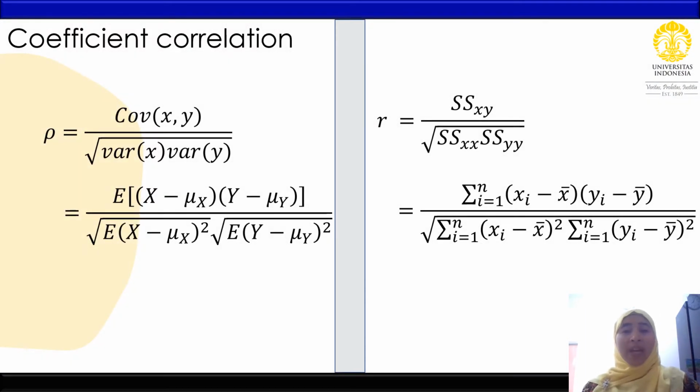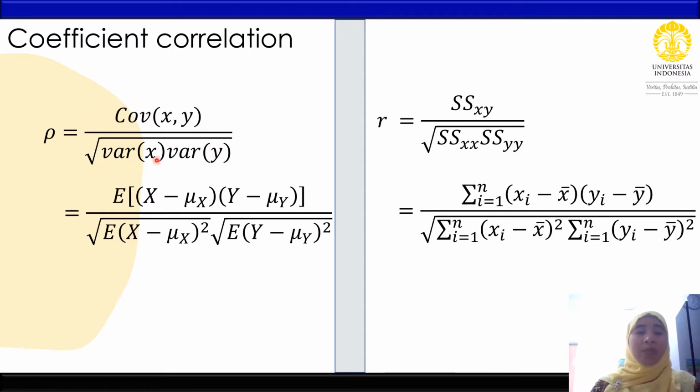So here we have the formulas for the coefficient of correlation, or in complete saying, the Pearson moment coefficient of linear correlation. On the left hand side, we have that rho equals covariance of x and y divided by the square root of variance of x multiplied by the square root of variance of y.